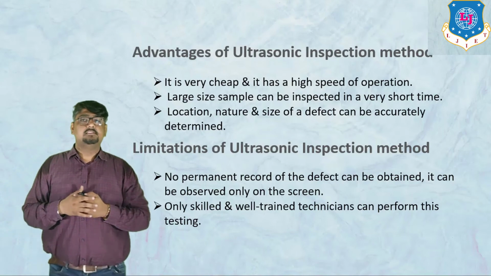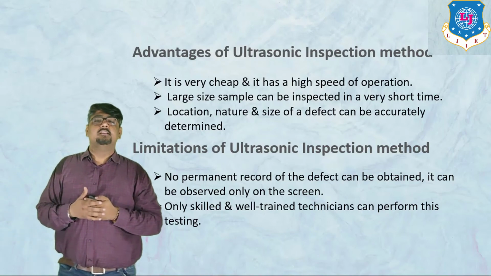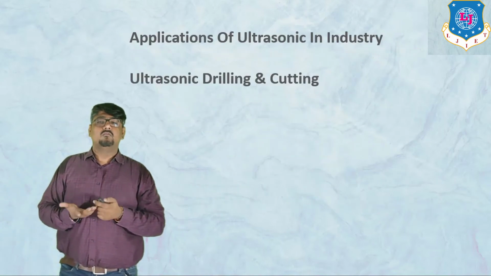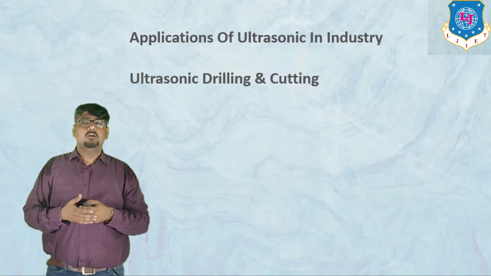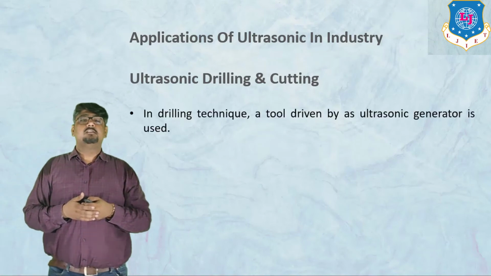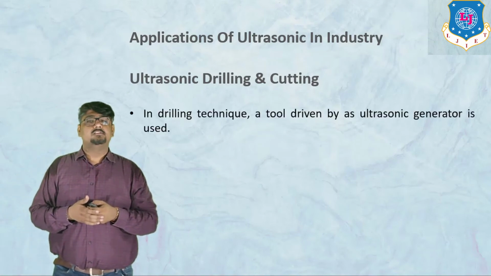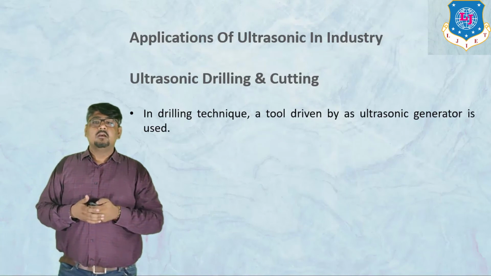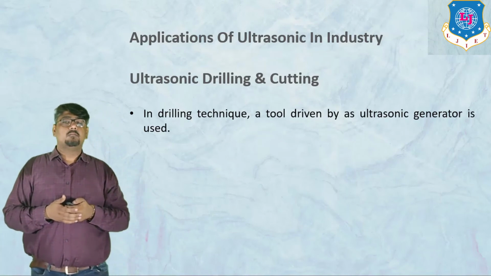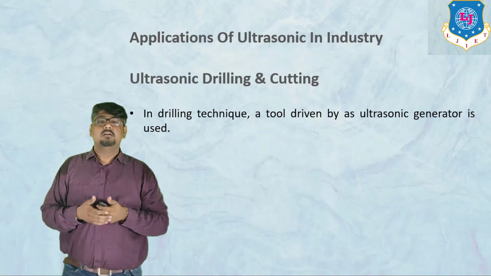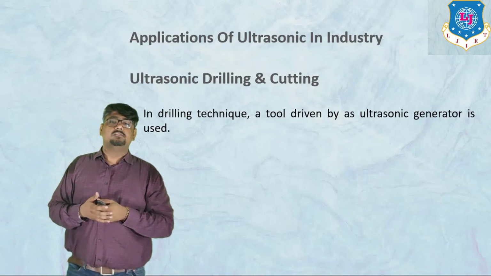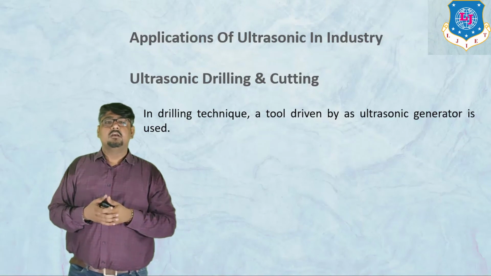Now let us discuss the applications of ultrasonics in industries, starting with drilling and cutting. In the drilling technique, a tool driven by an ultrasonic generator is used. Abrasives like boron carbide and silicon carbide are used. What are abrasives?